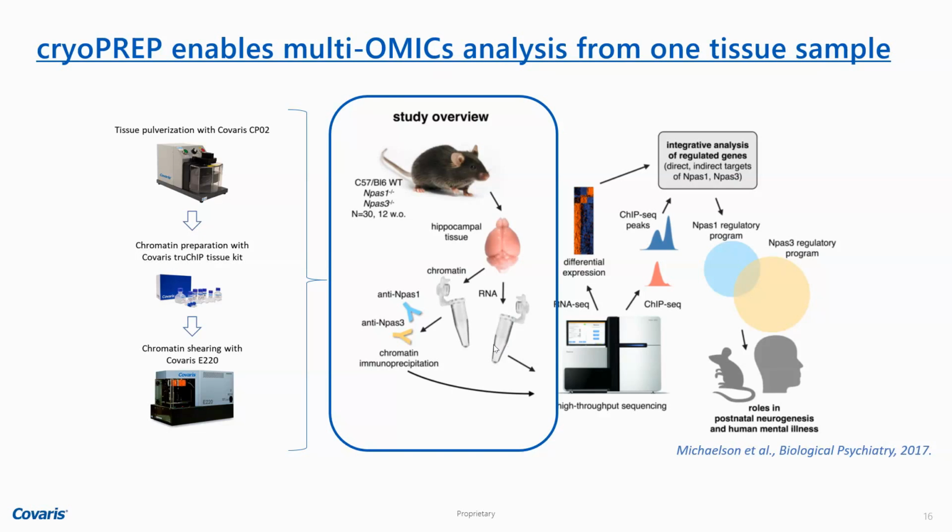And what we hear from scientists is that what is nice about it is that you don't need to cut certain subparts of the tissue for one and the other analysis, but you have a powder which actually represents all the different subregions of the tissue, and then you distribute that powder. So this gives you a very nice correlation of the data. Then they performed their integrative analysis after ChIP-seq and RNA-seq analysis from this powder.